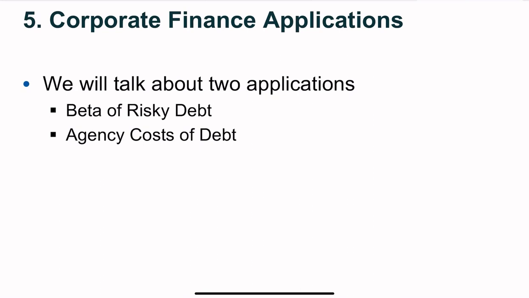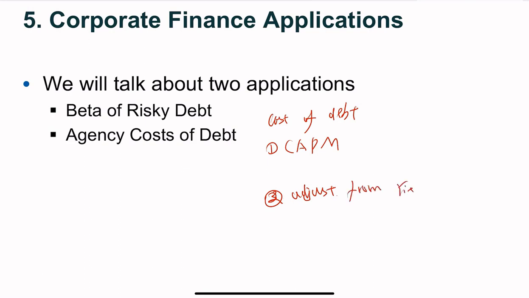Remember the motivation for this, right? We learned in the previous chapter that if you want to calculate the cost of debt, you have two ways. The first method is to use CAPM. And the second method is to adjust from yield to maturity.